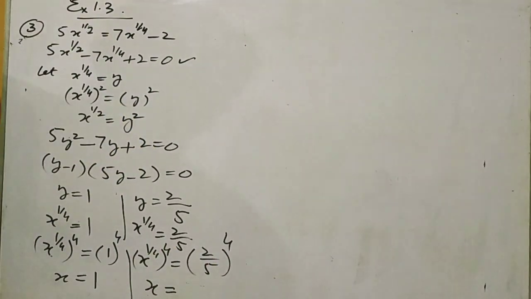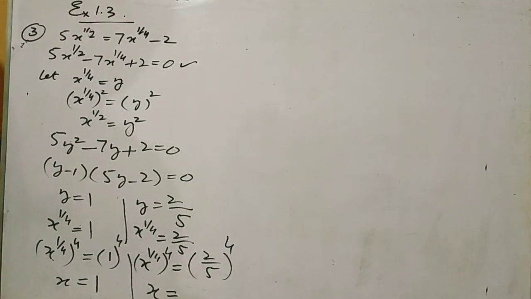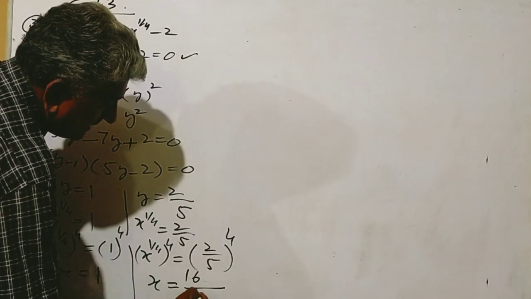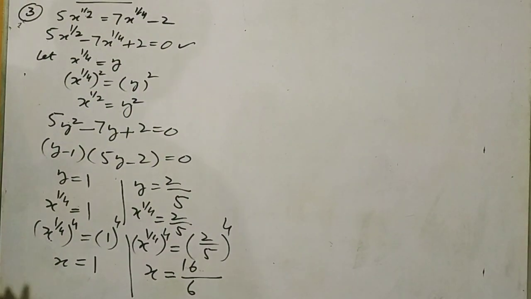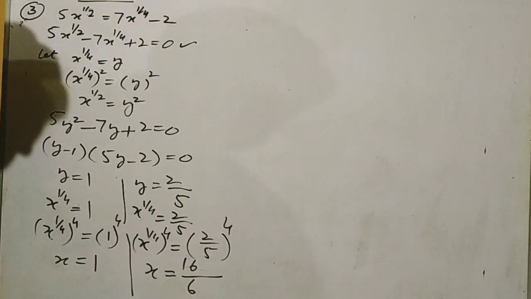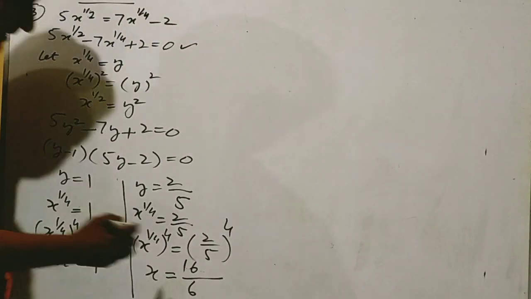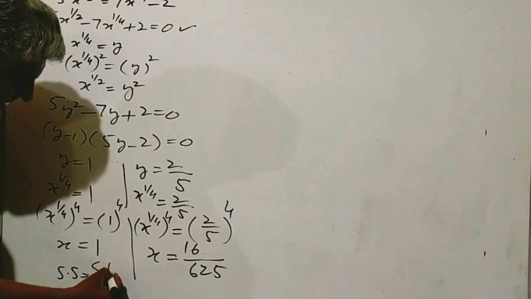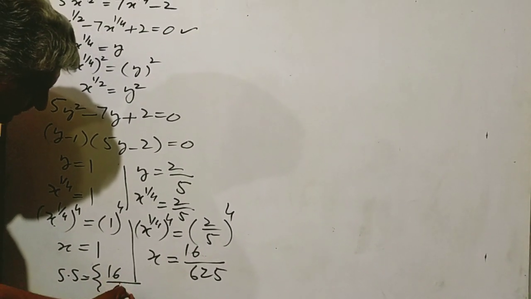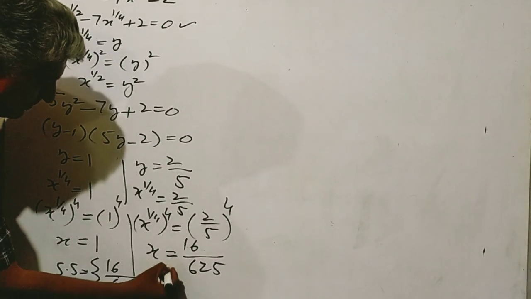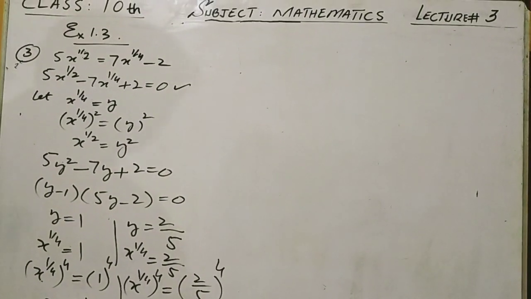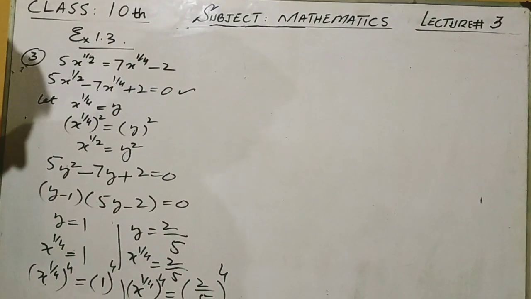You know that 2 raised to power 4 is equal to 16, and 5 raised to power 4 is 625. It means the solution set is 16 over 625 and 1. So this is the first type of such equations, and now I will discuss the second type.